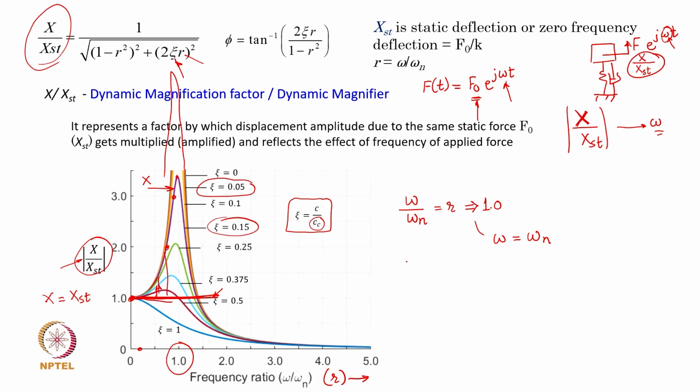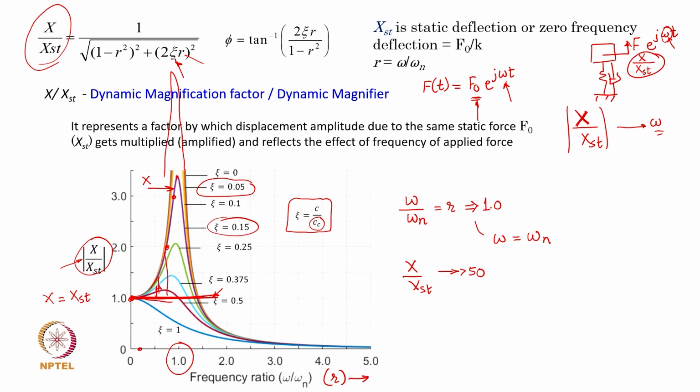So, x over xst, which you are seeing here up to 3.6 or 7 or 8, can actually approach a value of more than 50, which means that the 0 frequency deflection amplifies 50 times or sometimes 100 times in a low damping case. If you operate close to the resonance region, the amplitude of vibration can be enormous.